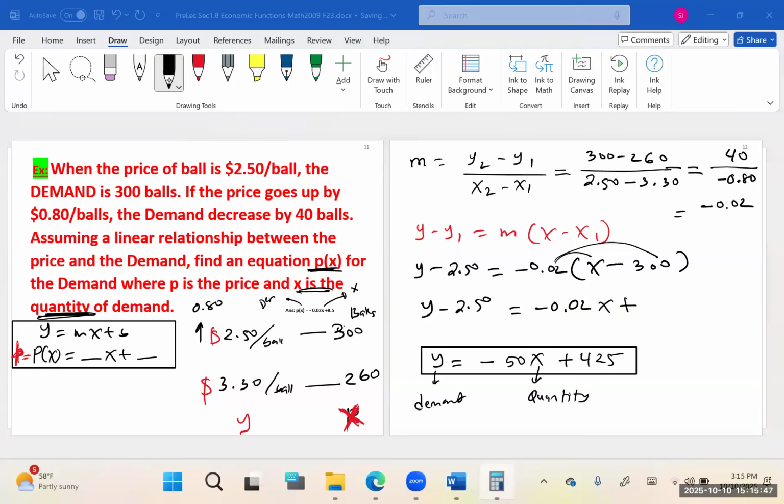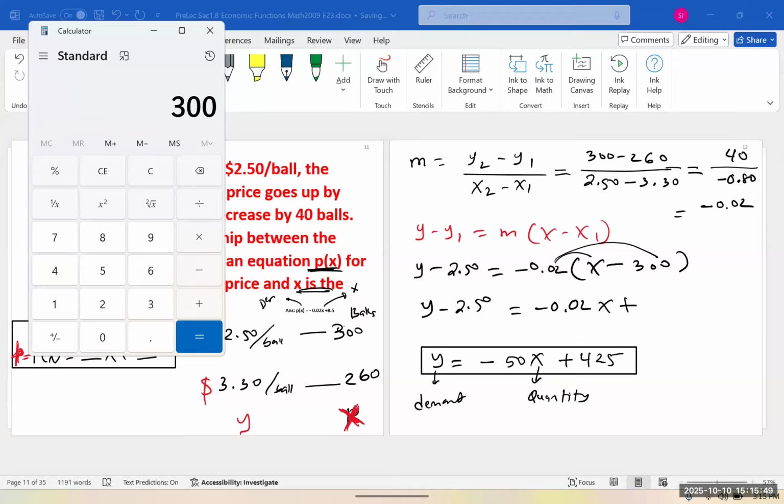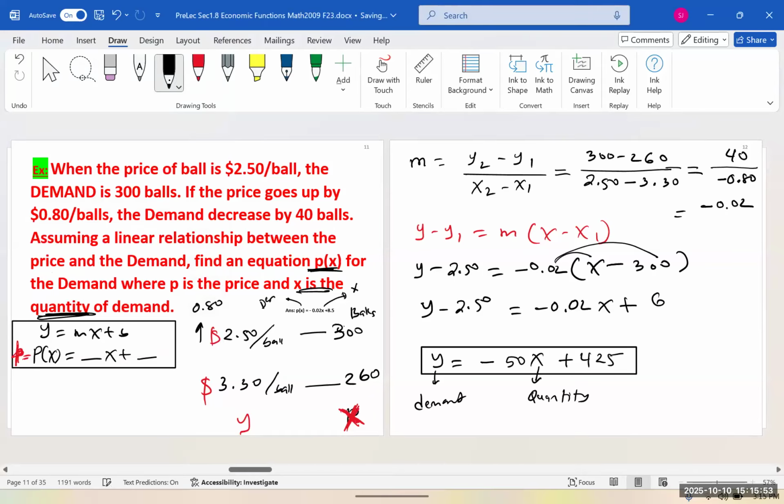I'm too lazy. 300 times 0.02 is 6. So when we add the 250, we get negative 0.02x and positive 8.50.